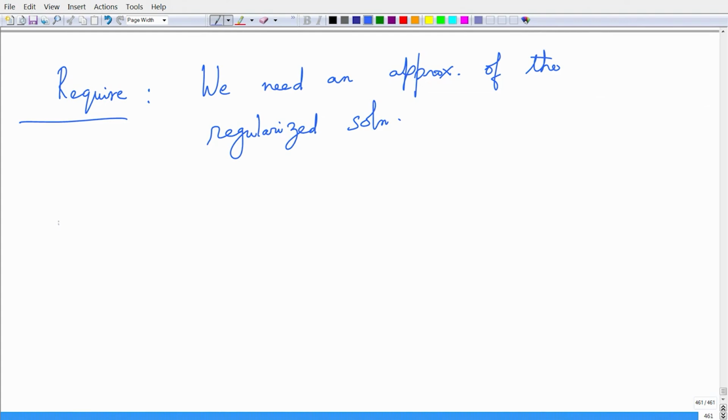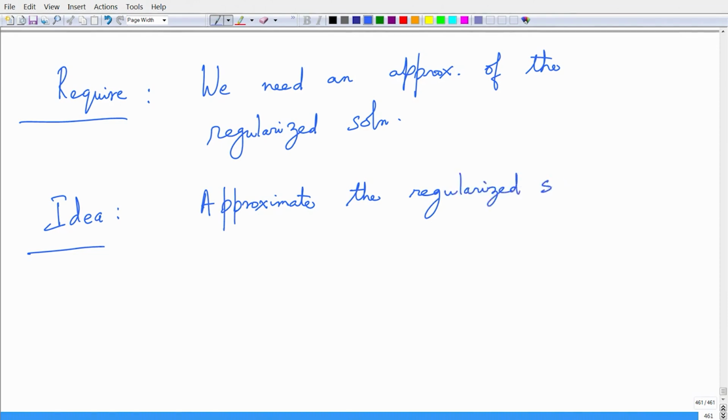What it means is, this is the idea that we have. We would want to approximate the regularized solution in a lower dimensional space using possibly a suboptimal solution.